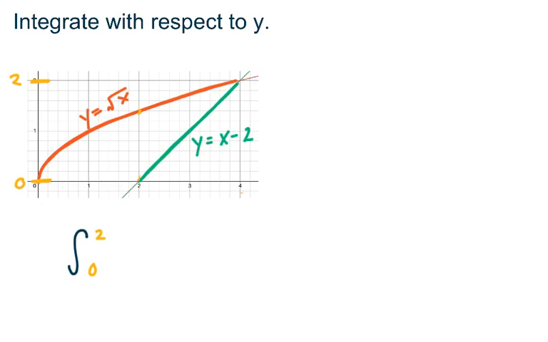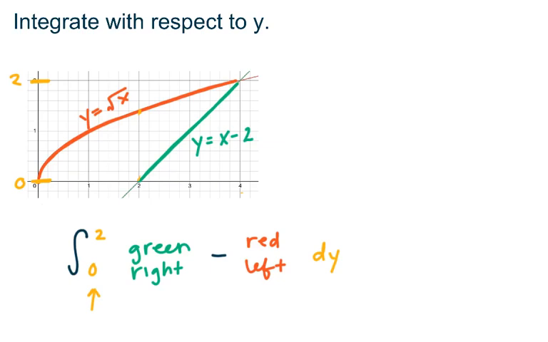And we would have our green, because that's the function on the right, minus the red, which is the function on the left. So if you think about tilting this and turning this 90 degrees counterclockwise, we would see that above and below. Okay? So the only thing is that these bounds here are in terms of y. So we are going to be integrating with respect to y.